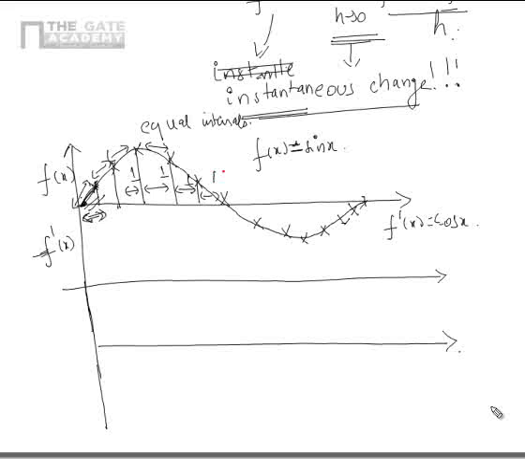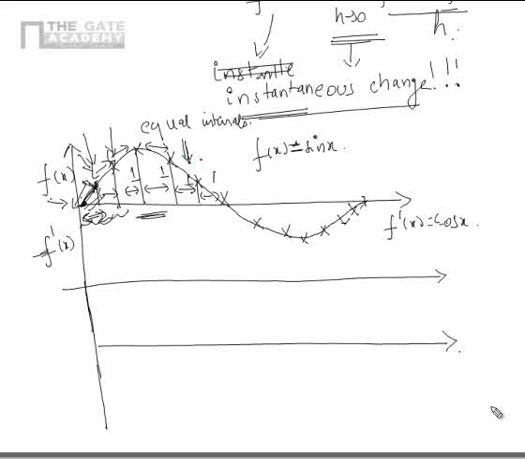Now if I see what f dash of x is, this value minus this value divided by this will give me the change. Again in this interval it will be this value minus this value divided by the length of this interval, correct? Observe one point: the change along the x axis is always the same, but the change along the y axis is different.